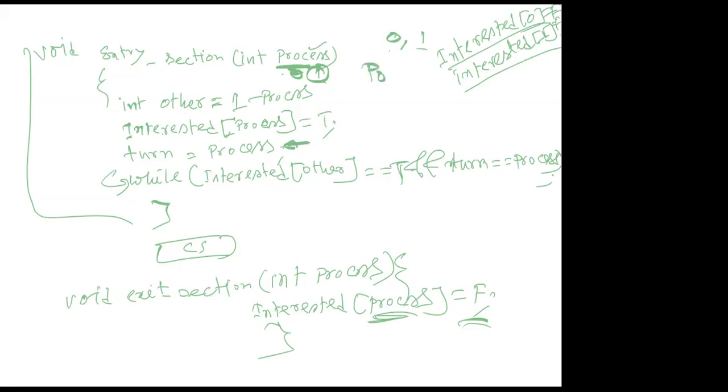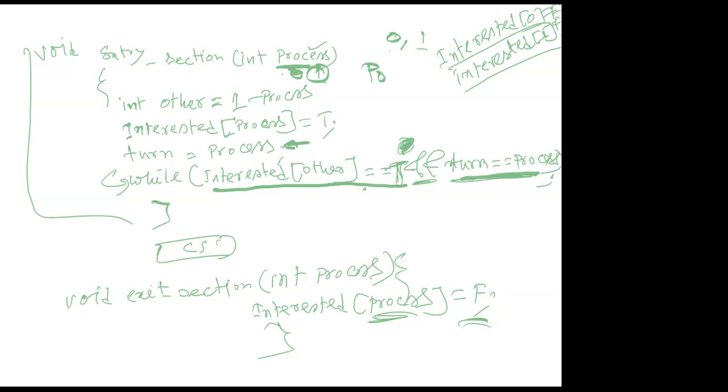And then while interested other is F, at the beginning no process has entered the critical section, so both values are F. In this case, you don't even need to check the other condition in this AND. One is false, so the condition fails, it will break this while loop and enter the critical section.